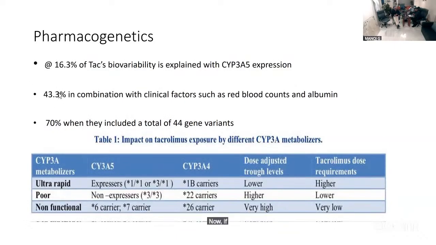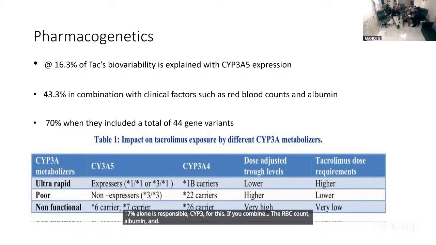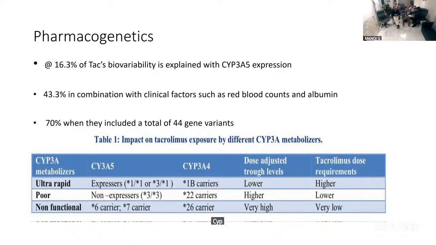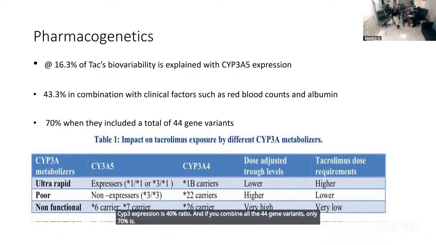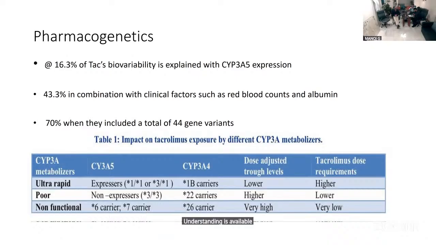Now, if you see the effect of CYP3A5 alone, it is responsible for almost 17%. If you combine RBC count, albumin, and CYP3A5 expression, it is 40%. And if you combine all the 44 gene variants, only 70% understanding is available as far as the pharmacokinetics of tacrolimus is concerned.